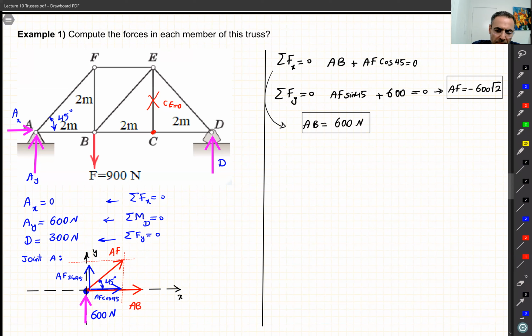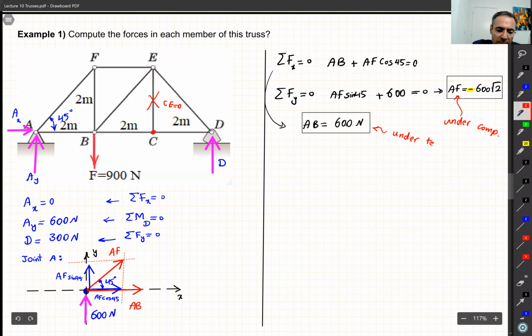So we found a negative number here. What does that mean? It means simply that this AF is under compression. This is positive, this one. This is under tension.